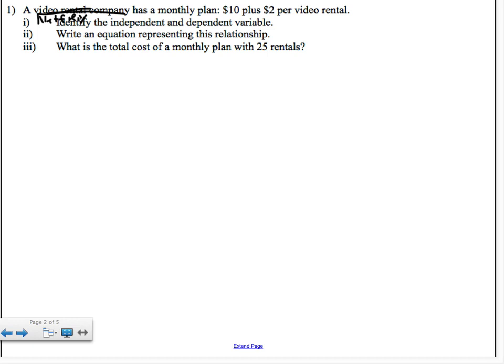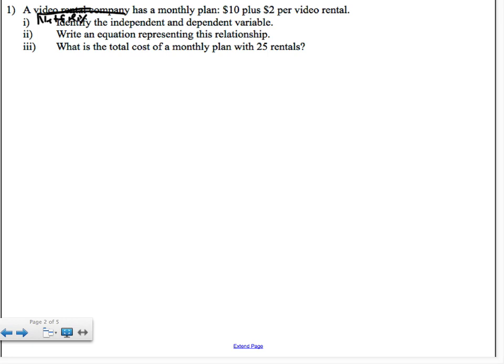It's not really Netflix. I think Netflix is just $8 a month, plus how many gigabytes of streaming you use, which depends on your internet plan. But let's just say they charge you $2 a movie.